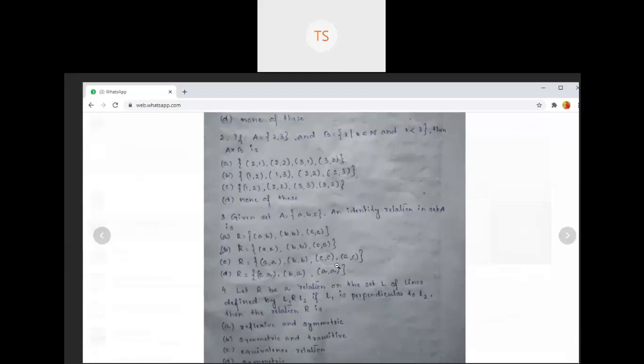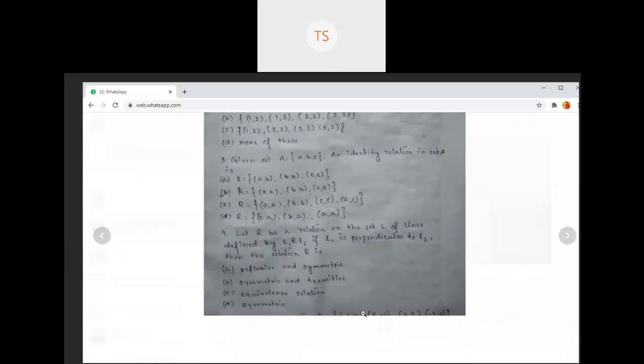Now option 4 is: let capital R be a relation on the set L of lines defined by L1 R L2 if L1 is perpendicular to L2. Then the relation R is... Now see, suppose you have two perpendicular lines, then you have to verify that R is a relation.